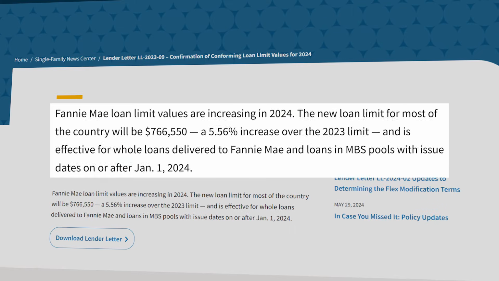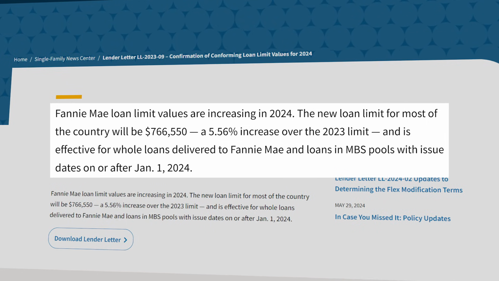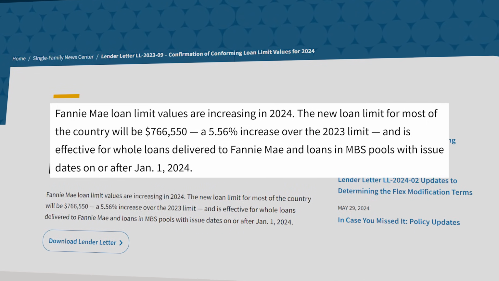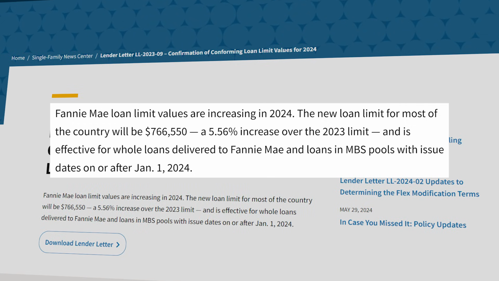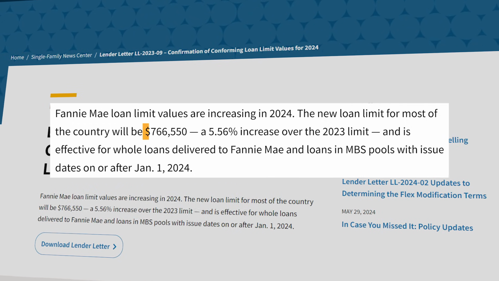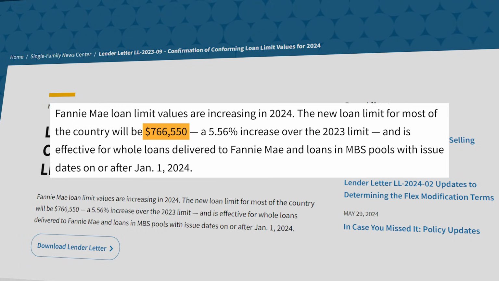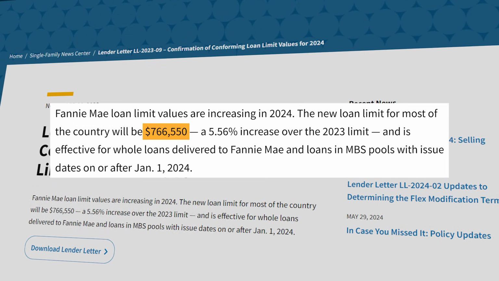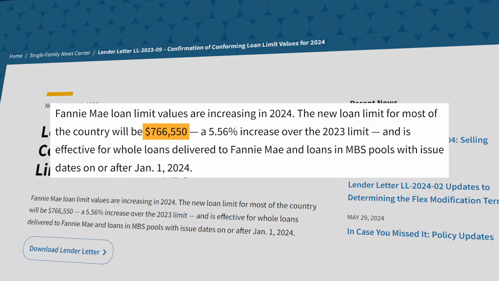So it says here in 2024, Fannie Mae increased its limits for conforming loans. In 2024, the new loan limit for most of the country will be around $766,550. This is a 5.5% increase over the 2023 limit.